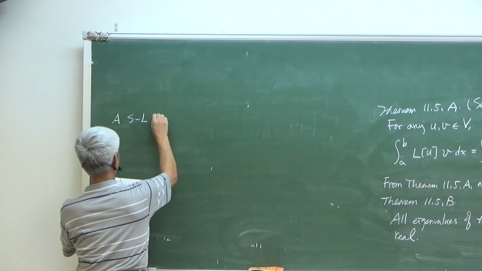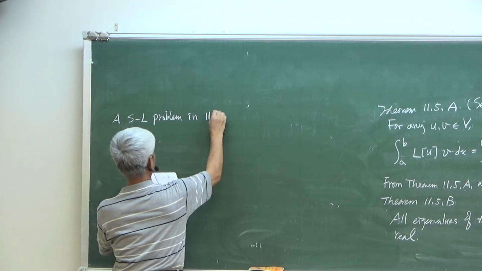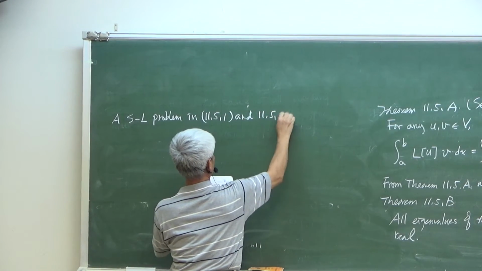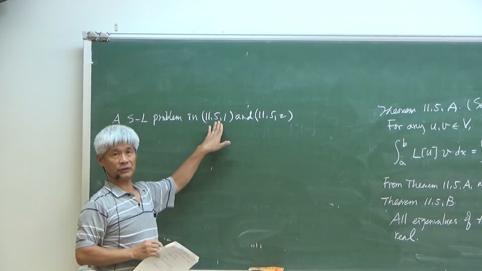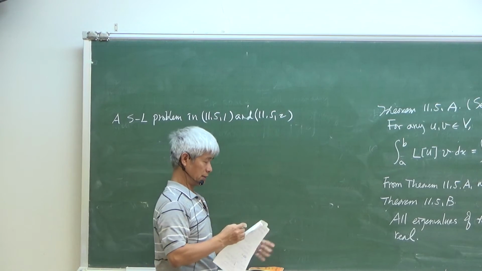Now, a Sturm-Liouville problem consists of 11.5.1 and 11.5.2. So 11.5.1 is the Sturm-Liouville equation, and 11.5.2 is the two boundary conditions.